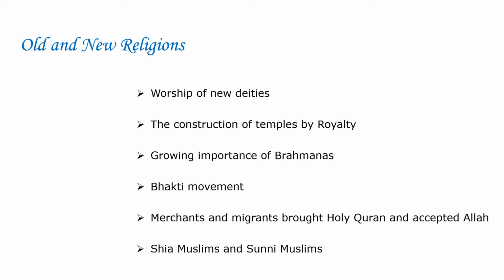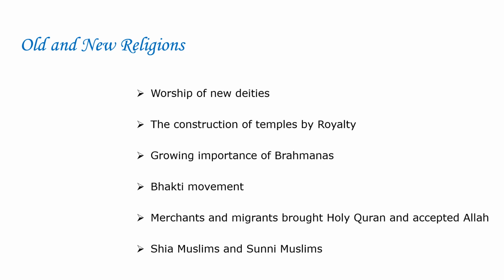What about the religions? Once they were worshipping only the nature elements. Slowly they started worshipping new deities, and the royalty, to show their royalness, constructed temples. The caste people who have to do all these performances, the pujas in the temples, are Brahmins. So that is why they got very great importance.